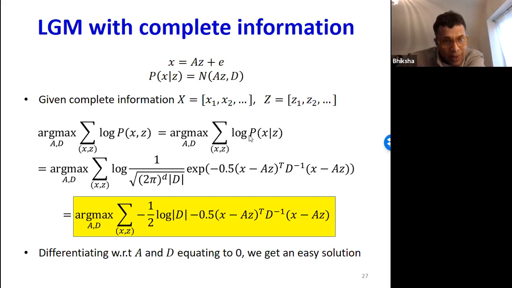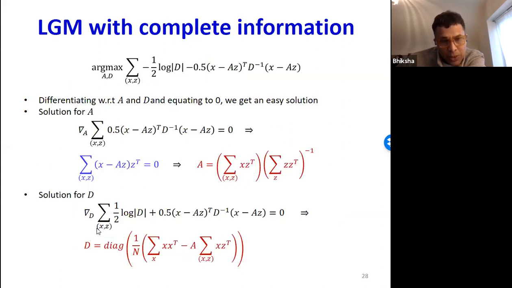The log probability of x given z we saw was just this Gaussian over here, the Gaussian with the mean at Az and the covariance D. And so this log likelihood of the entire training data can be written in this form. The logarithm of a Gaussian ends up giving you this nice little quadratic. And I can differentiate this with respect to A and D, and it gives me a nice closed form solution.